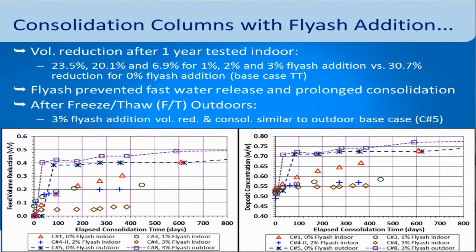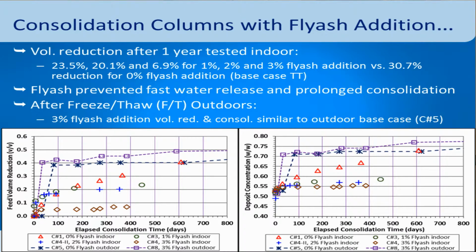Also, Total requested 1%, 2%, and 3% fly ash additions. The purpose of the fly ash addition is to reach a certain target of shear strength in a very short time. We'll see what happened for volume reduction after 1 year.